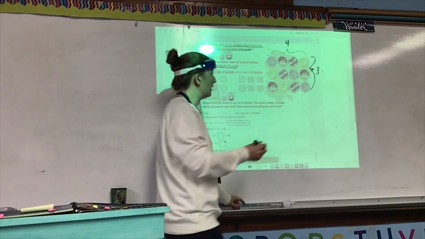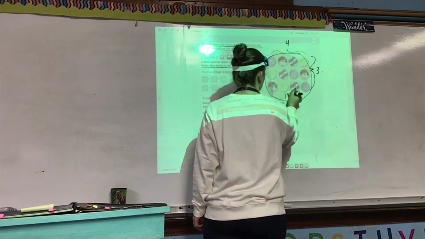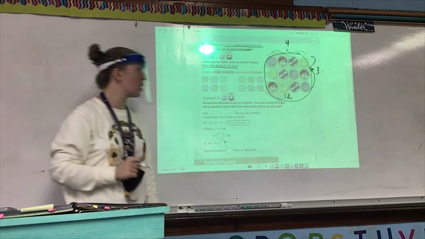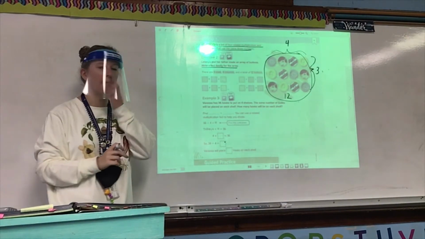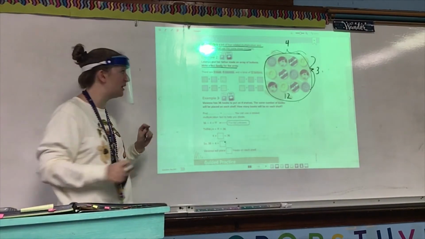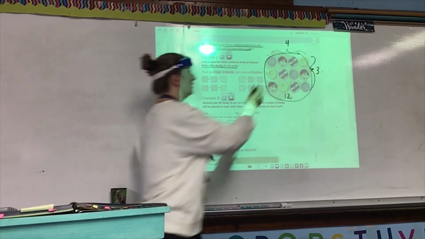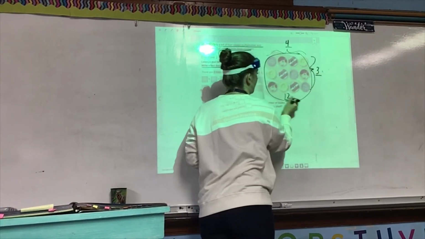Good. So all together, how many buttons do we have? 12 buttons. So we know the 3 numbers in our fact family will be what? What will the 3 numbers in our fact family be? Carla? 4, 3, and 12.